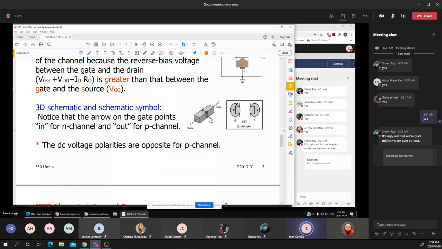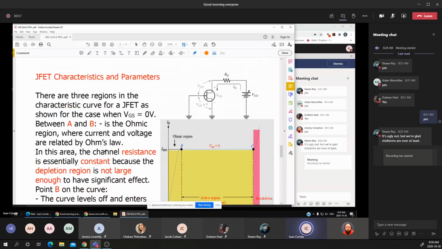You notice that this is like the channel, and I'm trying to emphasize it's already made, because the other transistor symbols do not have this default channel between the drain and the source. And I mentioned that for a P channel, the voltage polarities will be exactly the opposite.